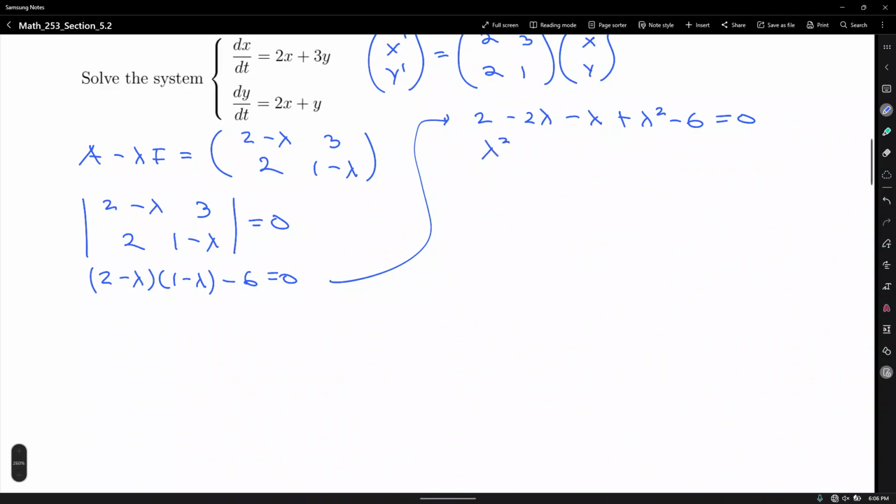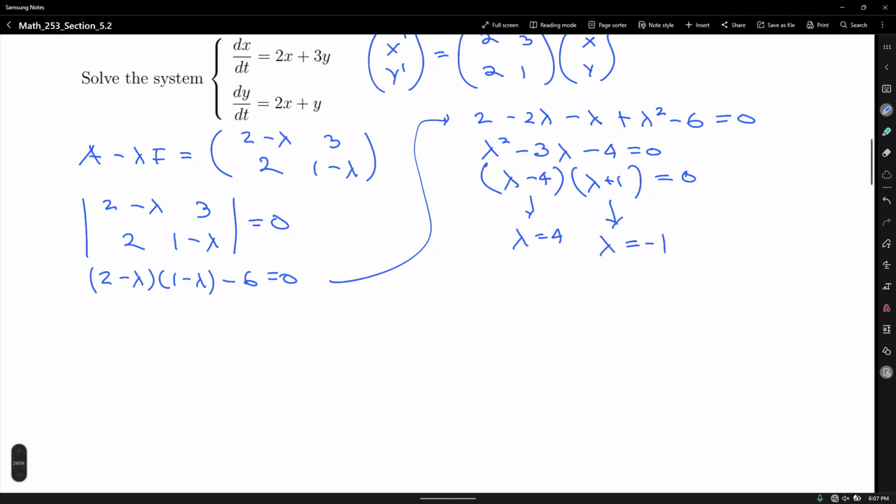That is lambda squared minus 3 lambda minus 4. Factors of negative 4 that add up to negative 3? Negative 4 and 1. That means lambda equals 4, lambda equals negative 1.